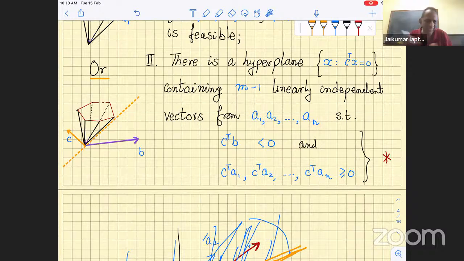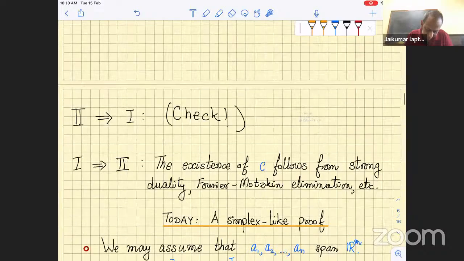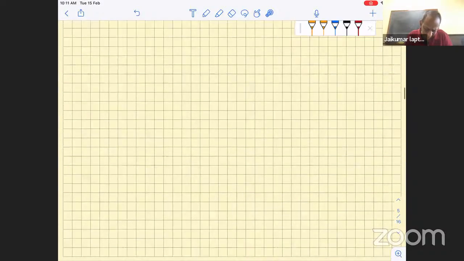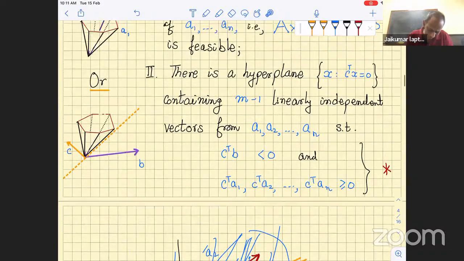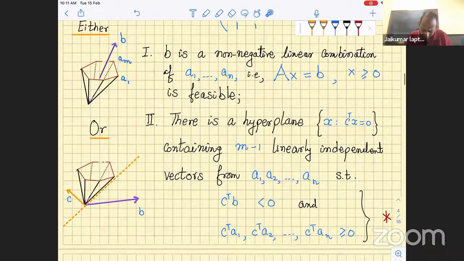No first, last, etc. Some m minus one linearly independent vectors. Okay, good. So I want to prove this. Now, if you can find such a hyperplane, then it is easy. This is like weak duality. Then it will not be possible for you to write B as this. So only one of them can hold.